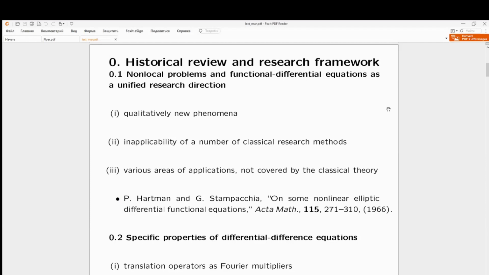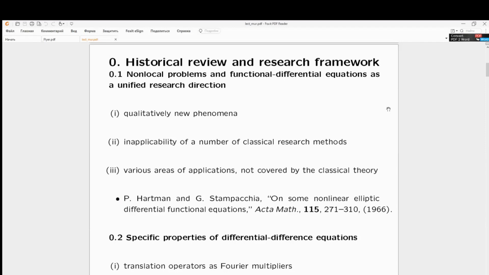So we take a differential equation of any order and add just one translated term, u of t plus h. It looks like we add a small perturbation to a very well-known object.